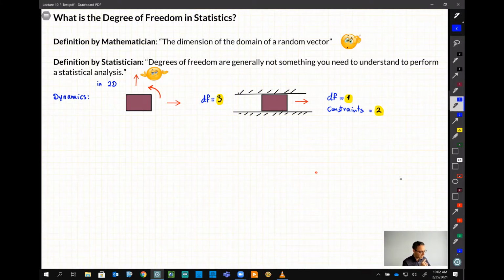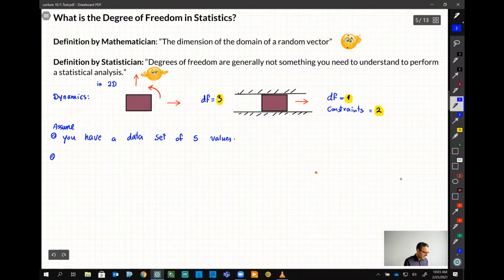Again, for simplicity and for the sake of just understanding the concept, assume, let me write it down, that you have a data set of 5 values.